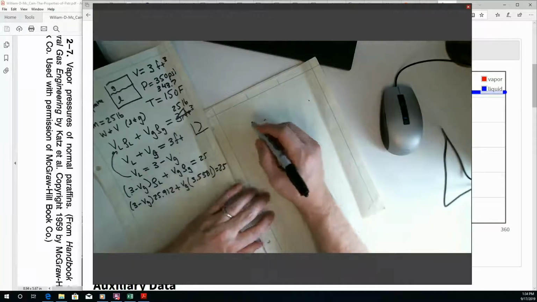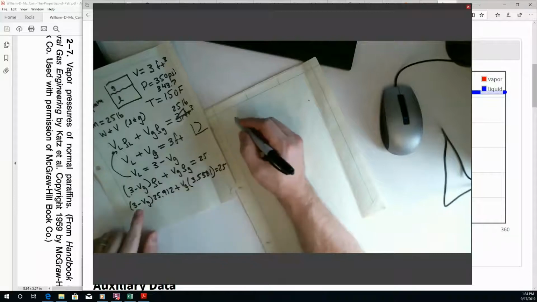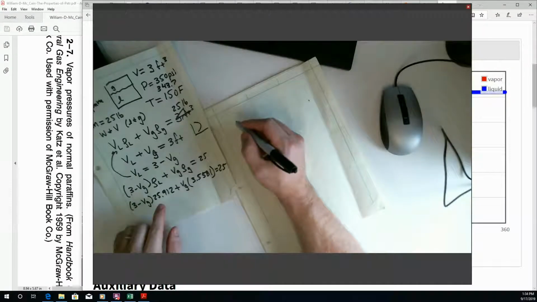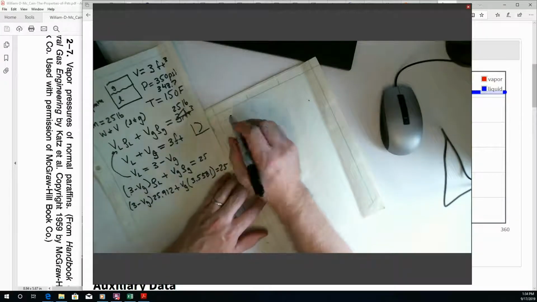So now we want to solve this. Here's what we're trying to solve for. We've got our densities in there now.